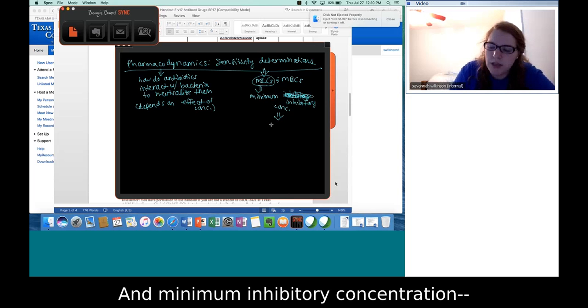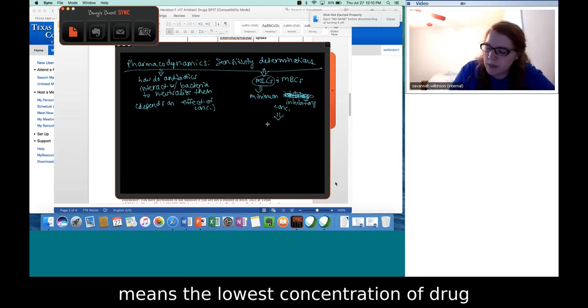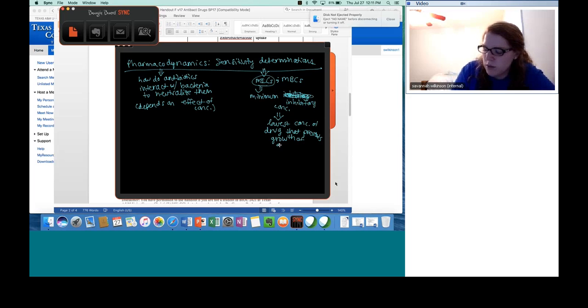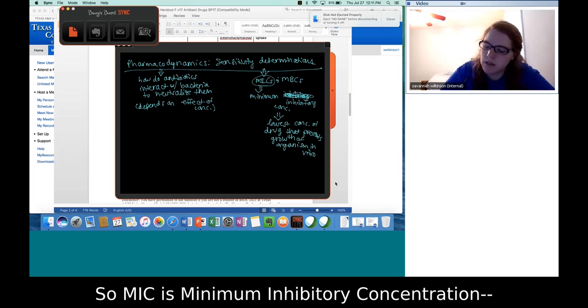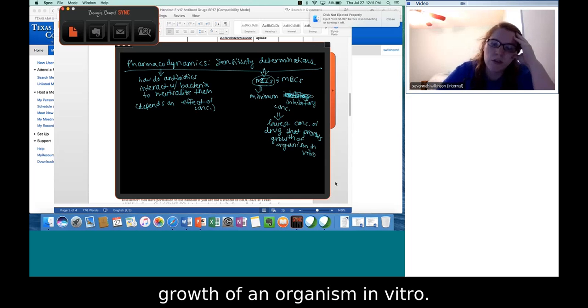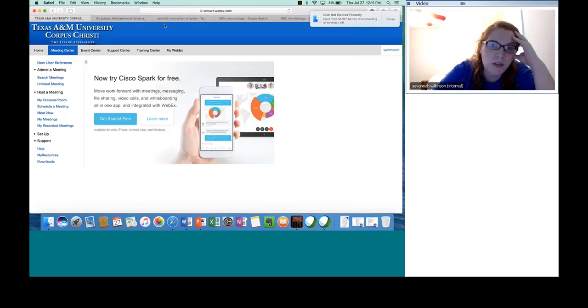And minimum inhibitory concentration, it's kind of in the name, but it basically means the lowest concentration of drug that prevents growth of an organism in vitro. So MIC is minimum inhibitory concentration, the lowest concentration of drug that prevents growth of an organism in vitro. And I have a picture for that.